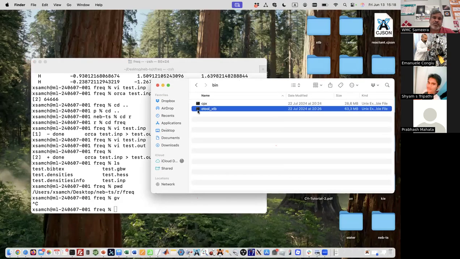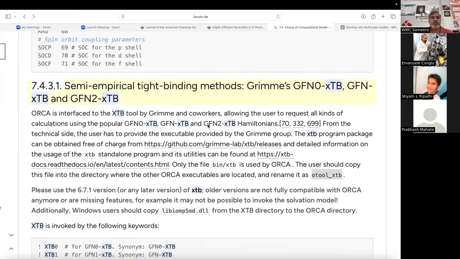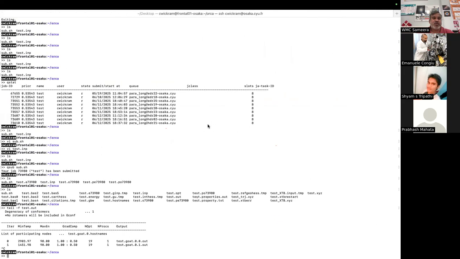You can simply drag and drop this file into that folder, and then you can automatically use XTB computations.